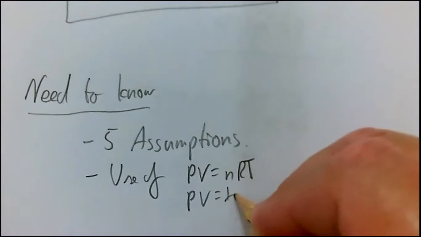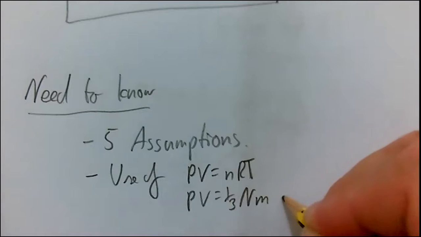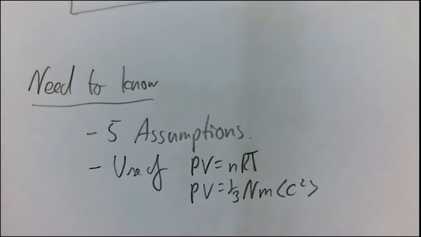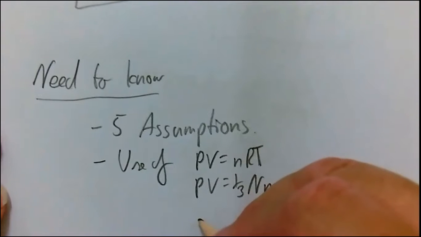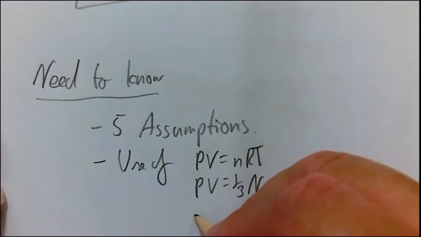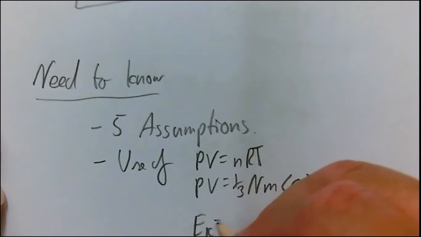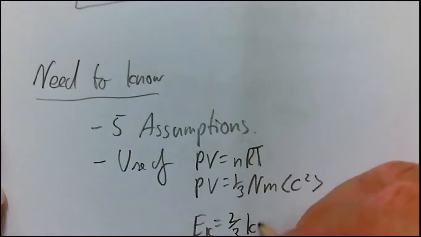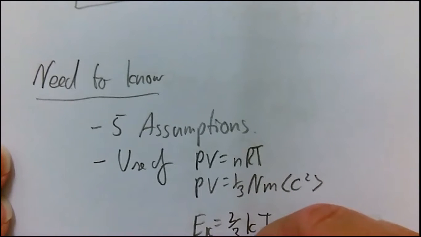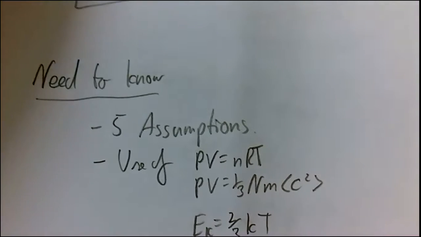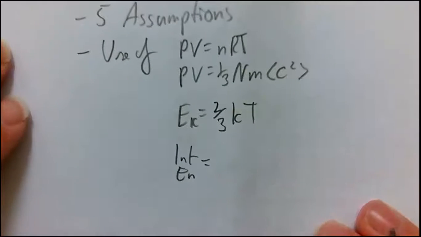You need to be able to link it to that formula. You need to be able to use the formula for the kinetic energy of one particle, and you need to know the formula for the internal energy of a sample of gas.